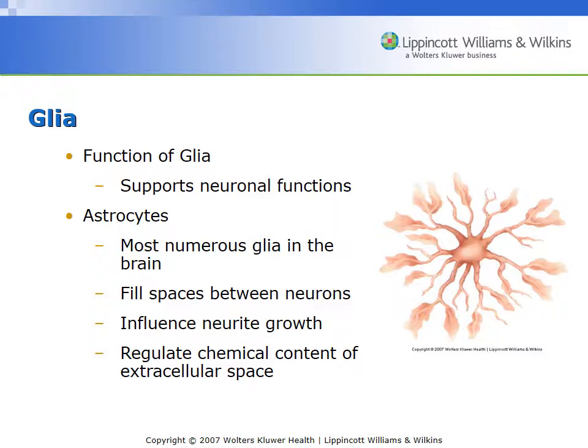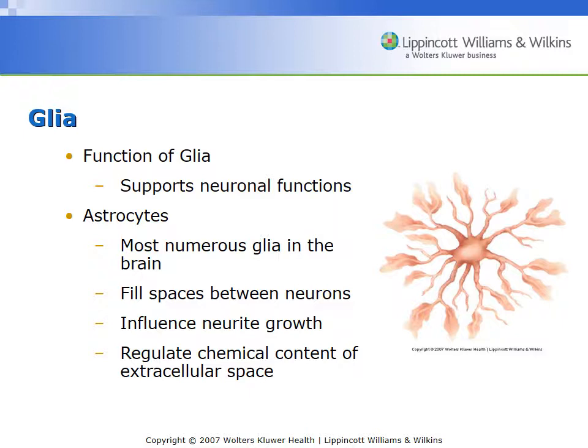And let's begin with a prominent glial cell, astrocytes, which is a glial cell and it's about 20 nanometers in width. They are the most abundant glia in the brain. They fill up the space between neurons.